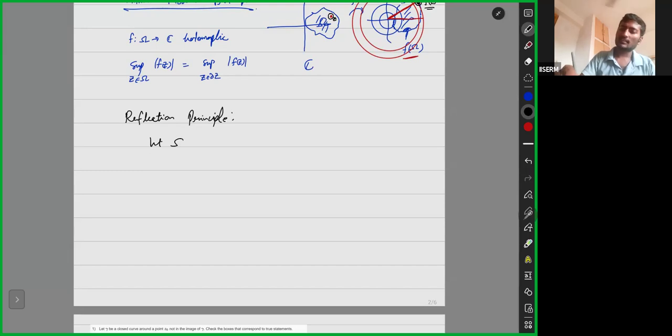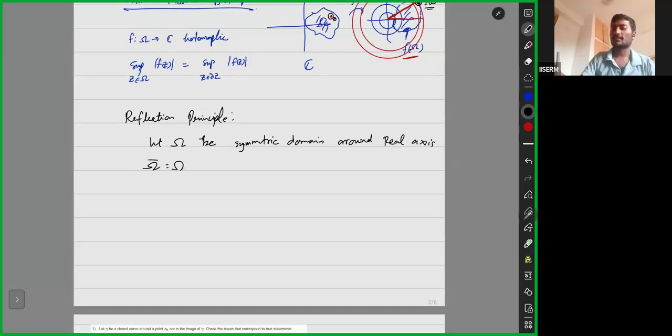Let omega be symmetric, so we partition omega into three disjoint sets.